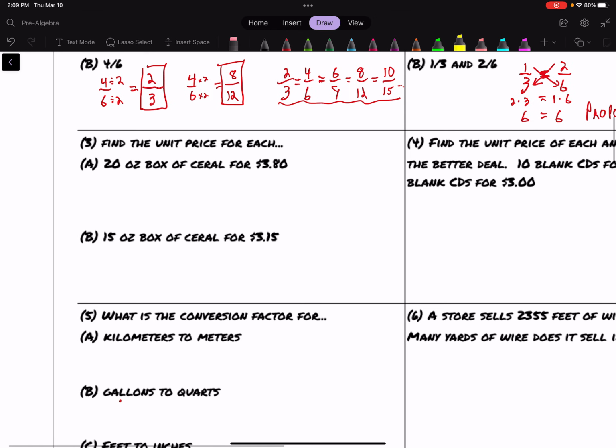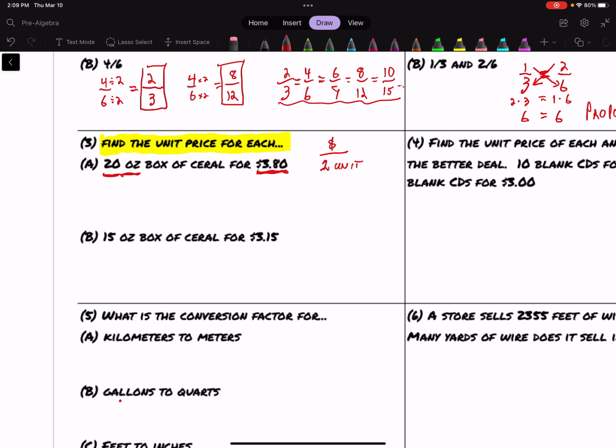And number 3, we're supposed to find the unit price for each. Well, if you remember, a unit price means you have to have price over a single unit. In all these problems, when they're asking you for a unit price, they're going to have a price somewhere, in this case $3.80, and an amount with a unit of measure on it.